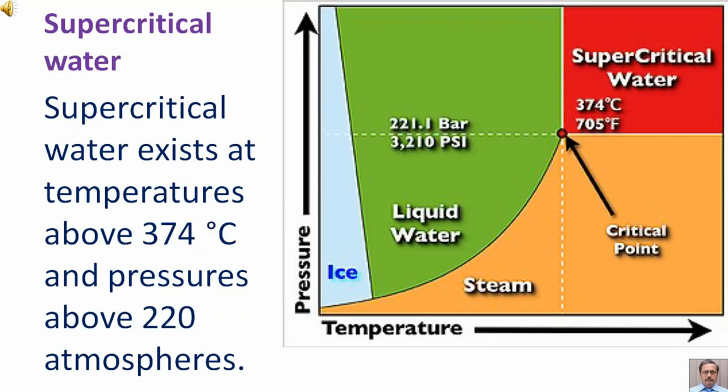Supercritical water. Supercritical water exists at temperatures above 374 degrees centigrade and pressures above 220 atmospheres.